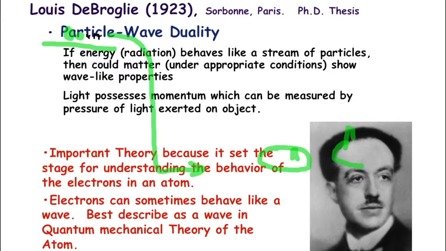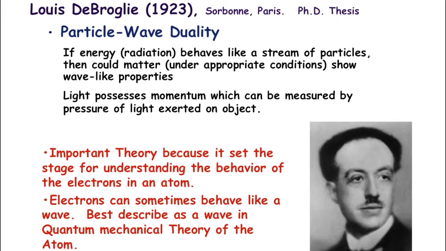Now, another scientist, by 1932, in fact just a graduate student, said that, well, if light can have particle-like properties, can particles or matter have wave-like properties? And so that was the whole premise of Louis de Broglie's PhD thesis. And guess what?